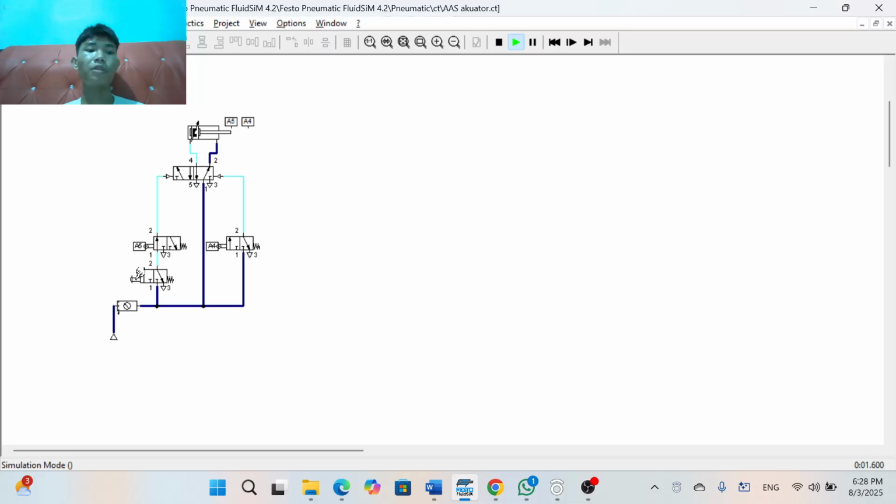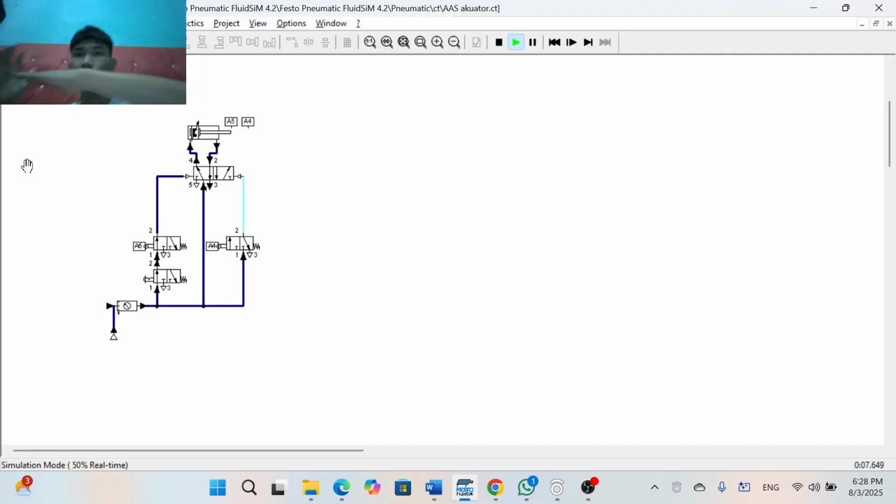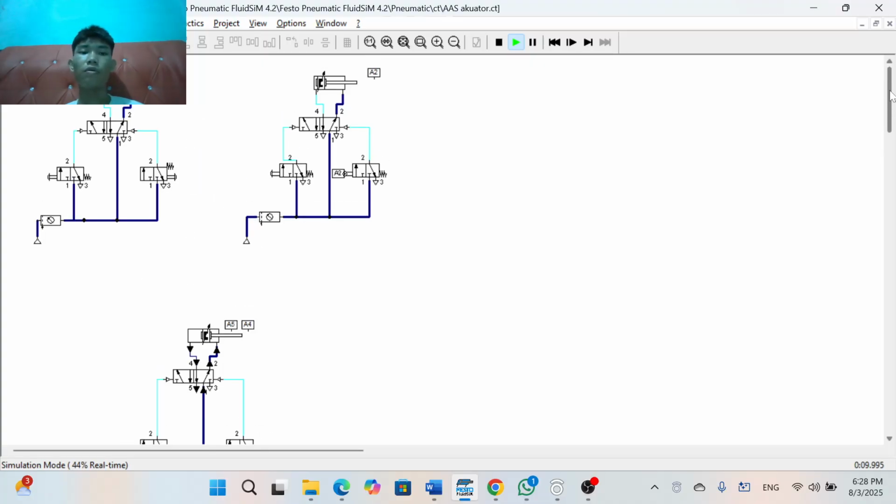When I press the selector switch, it will go forward and backward, extend and retract, because in front it hits a limit switch and in back it hits a limit switch, again and again. Okay, I think that is all I can explain about my circuits: manual, semi-automatic, and automatic systems.